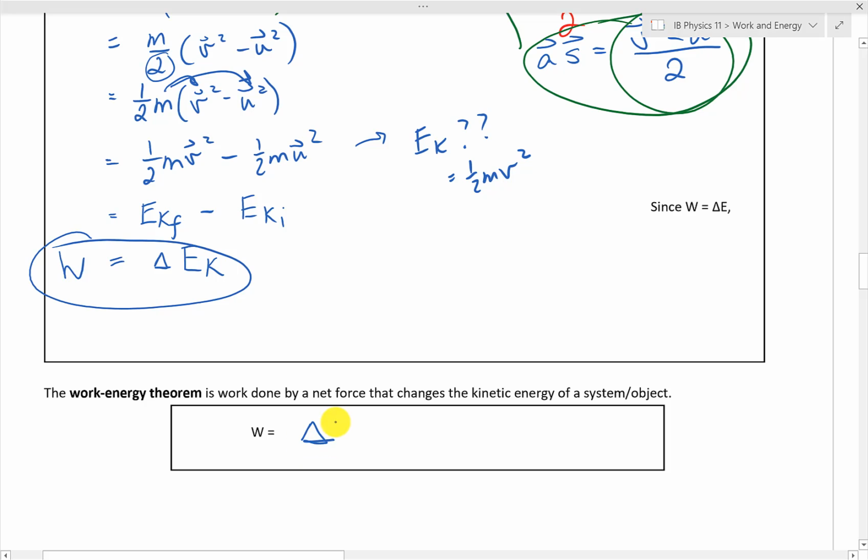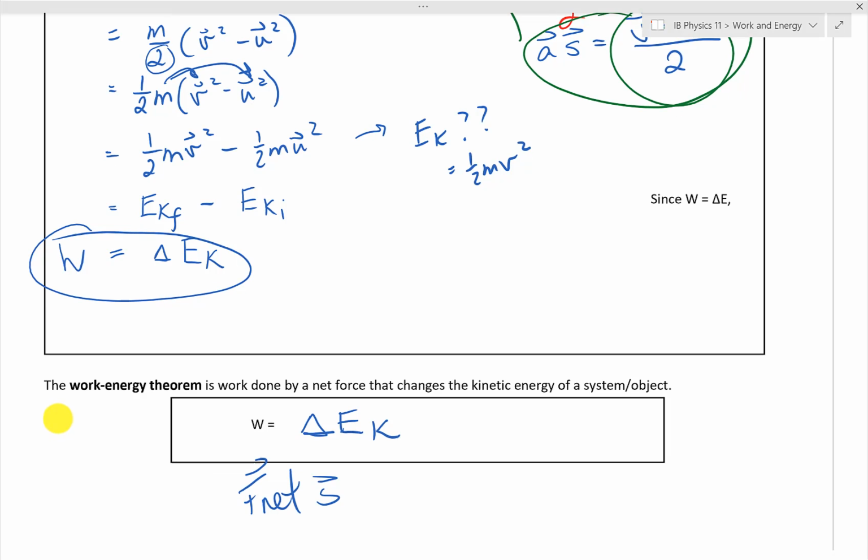Let's write that down here. This is what we found. Wow, so that's interesting. Is it a be-all, end-all equation? Not necessarily. You still need to know what is happening in your problem. For example, F net and displacement are not all the time going to be in the same direction, so that's something you need to be aware of.